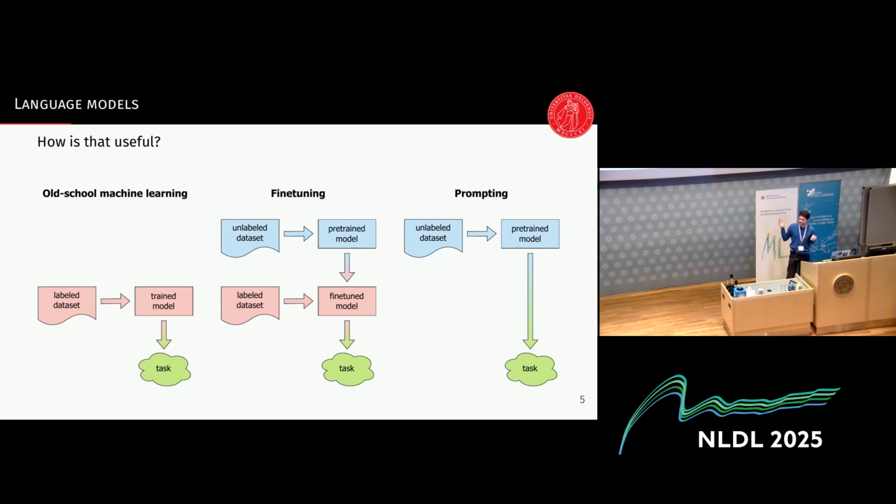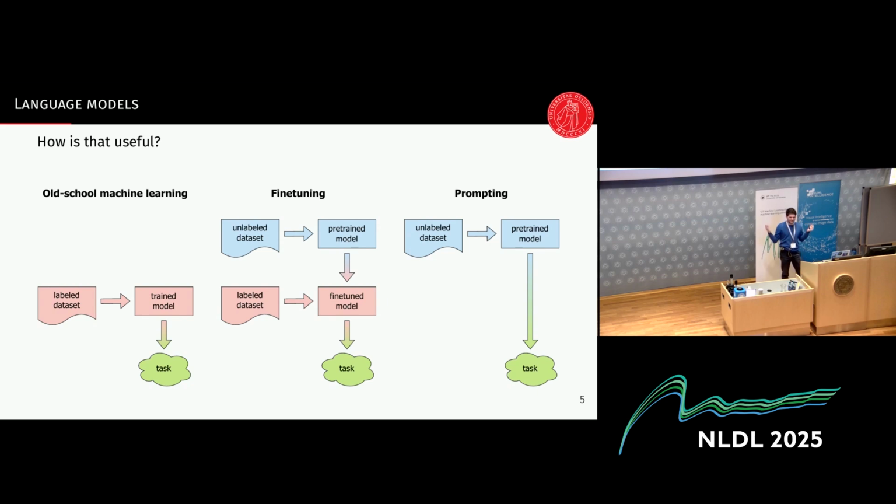So, for example, we could use these language models to solve the sentiment analysis task. You have already seen an example of this previously. Given a sentence, is the sentiment of this sentence positive or negative? In the old school machine learning that you saw in the previous slides, we just don't have any language model.